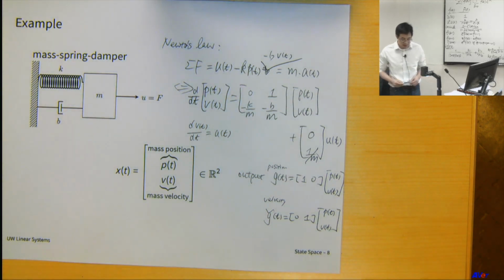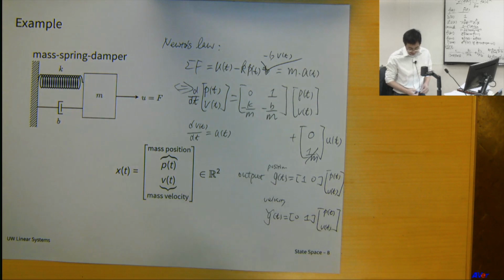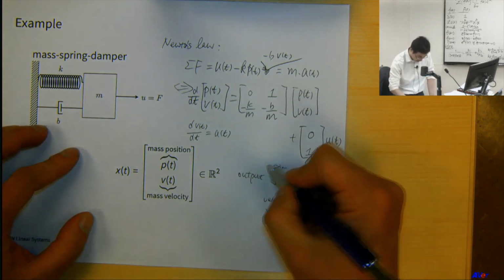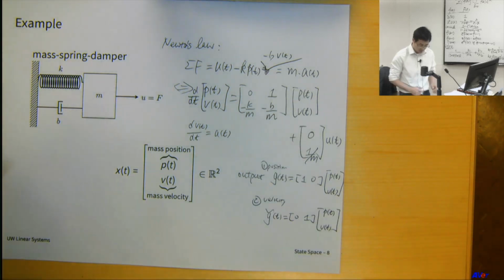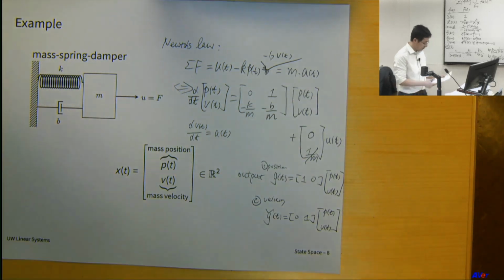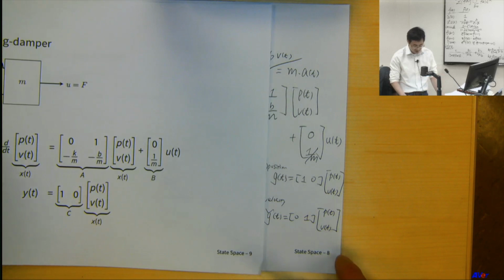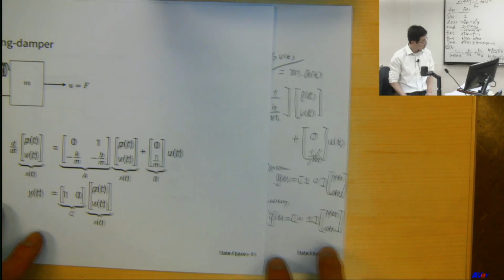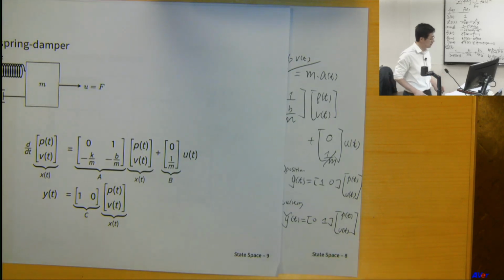So it's 0, 1 times the state. That's precisely here. This is the state space model for the mass spring damper.